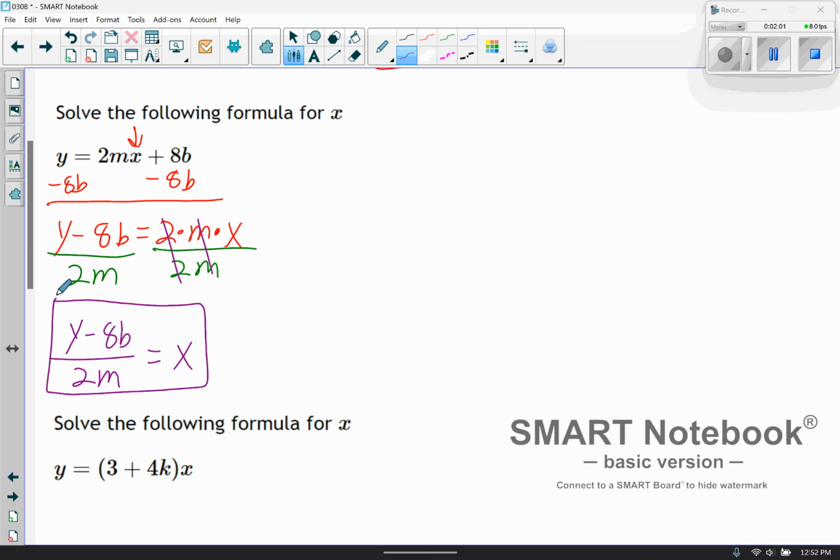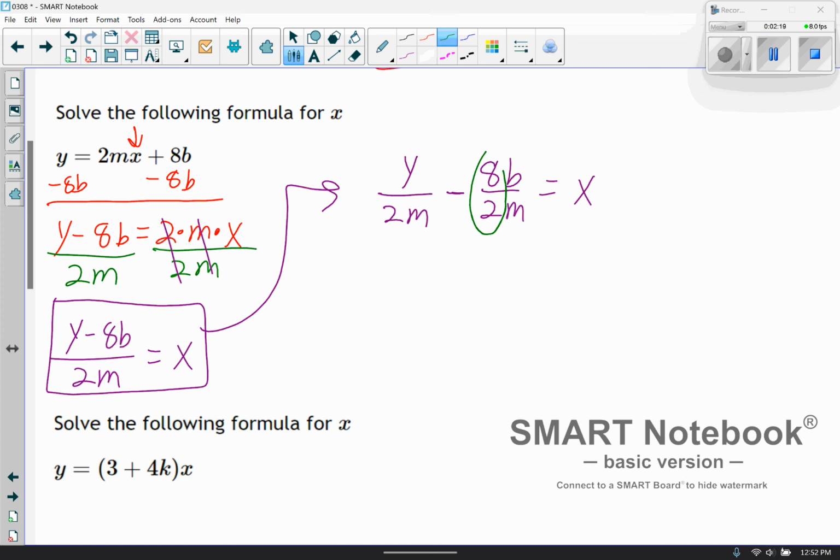And there we go. Now, real quick, if I would have done the division individually, I would have had y divided by 2m minus 8b divided by 2m. Now, if I would have done it that way, that's fine. But yes, I would have been able to reduce the 8 and the 2 right here. That would have reduced to a 1 and this to a 4.